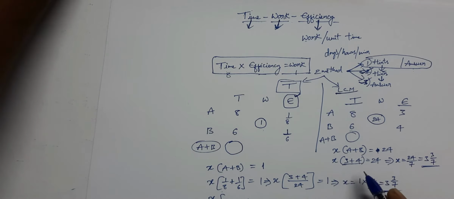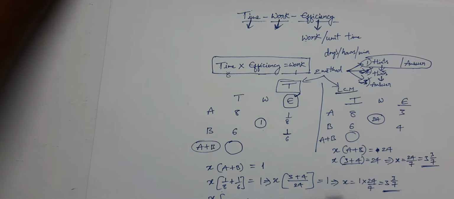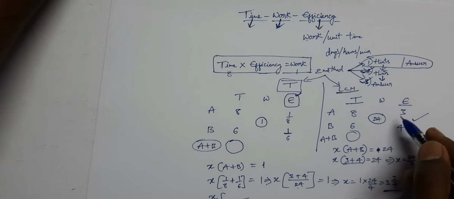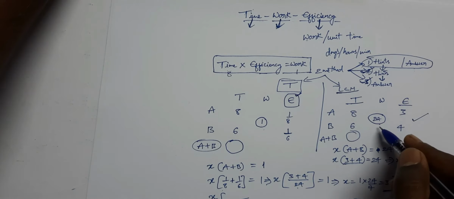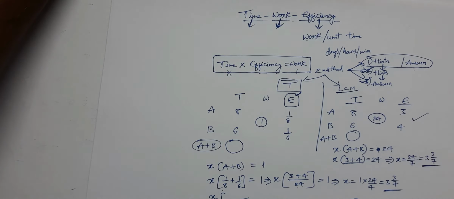Here we can simply add the numbers or digits, which is simple for us, rather than adding fractions. So this is preferable. If you do the LCM here, this sum will be easy to solve.